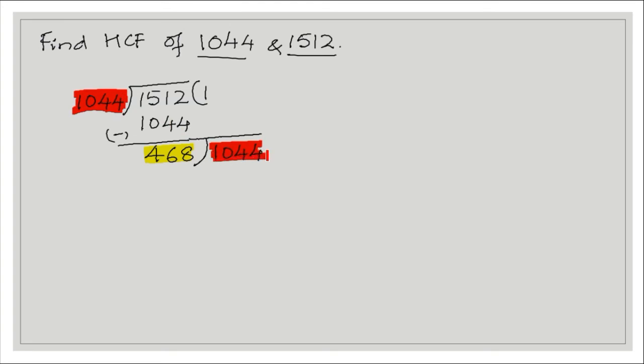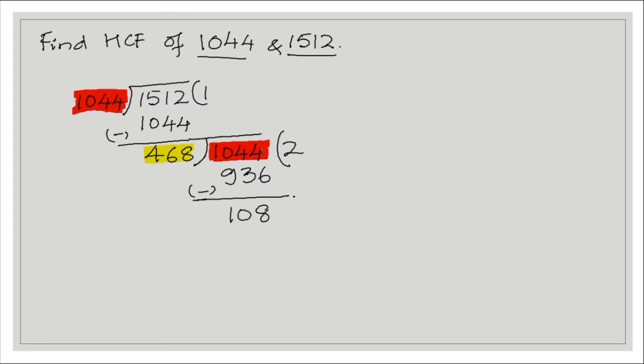Very important. And remember, we have to follow this step repeatedly until we get remainder as 0. Now 468 multiplied by 2 times will be nearer to this number, that is 936. Once again you subtract, we'll be getting 108.